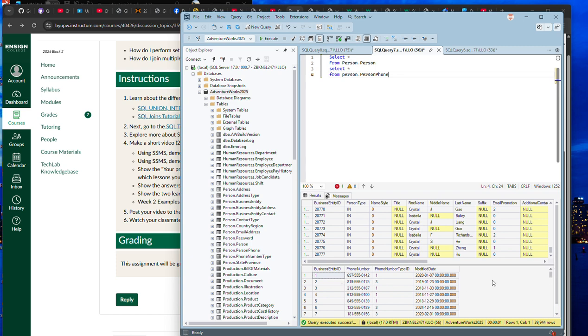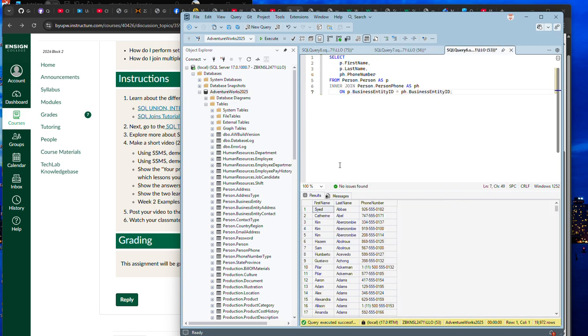This is much the same with the PersonPhone table, which has almost the same numbers. Because this is the common key that we're using, if you run this query of the intersection, it is going to count nearly the same numbers, and hence we are getting this number of rows.